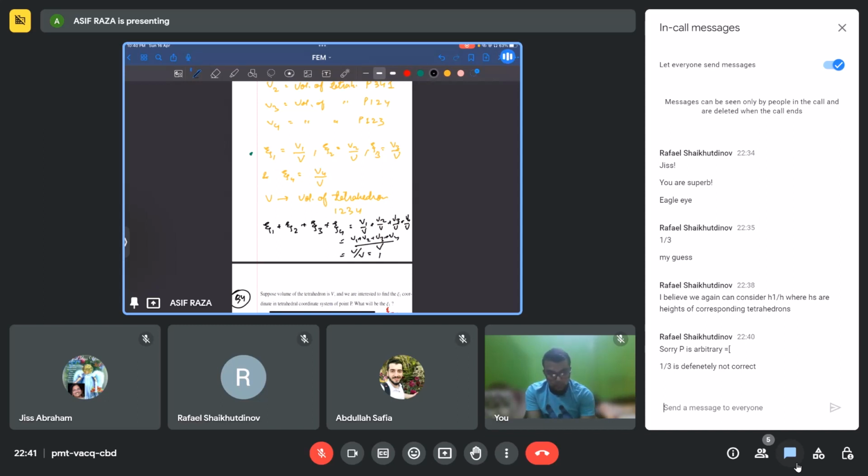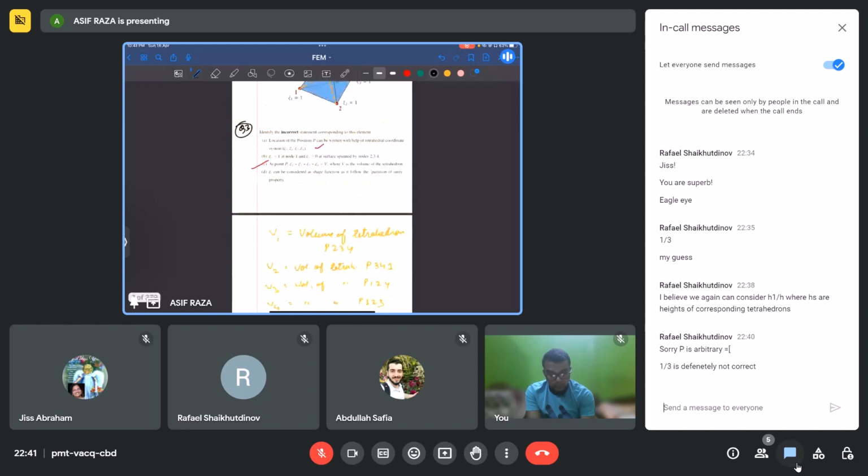Okay, so only the third statement is incorrect. There it should be sum of Xi is equal to 1. And the first statement, I can consider as a function, as it follows the partition of unity. So that is also correct.